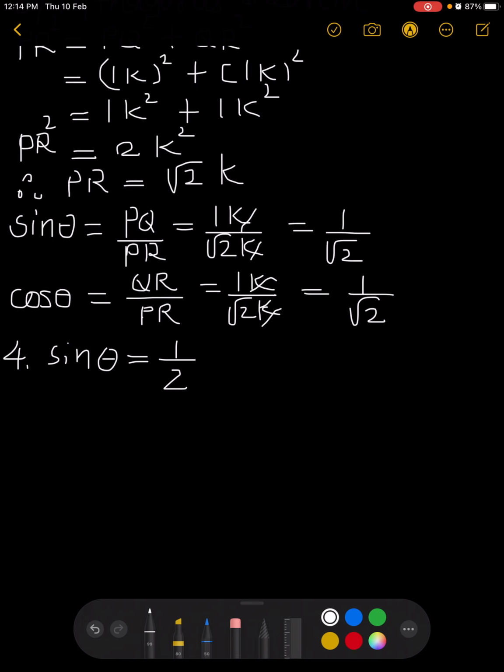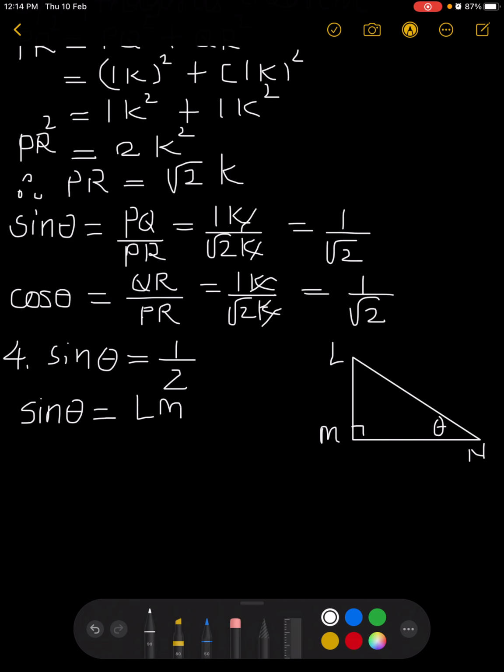For getting other ratios, let us draw a right angle triangle LMN. M is a right angle and L has measure theta. Suppose definition of sine, opposite side LM, hypotenuse LN.